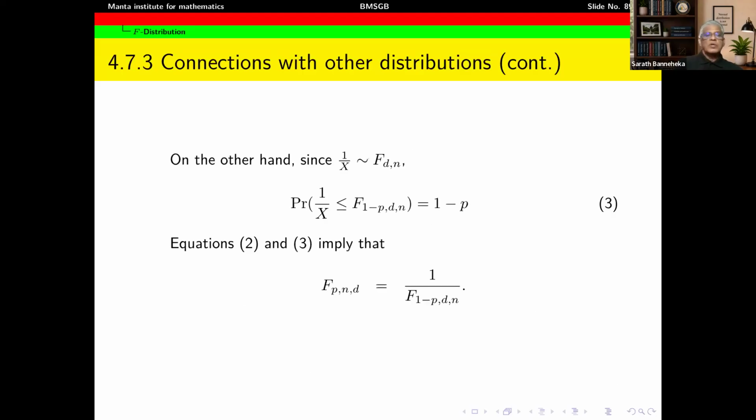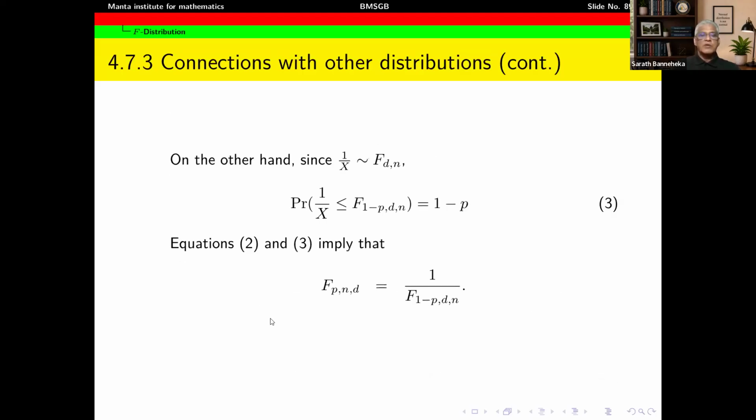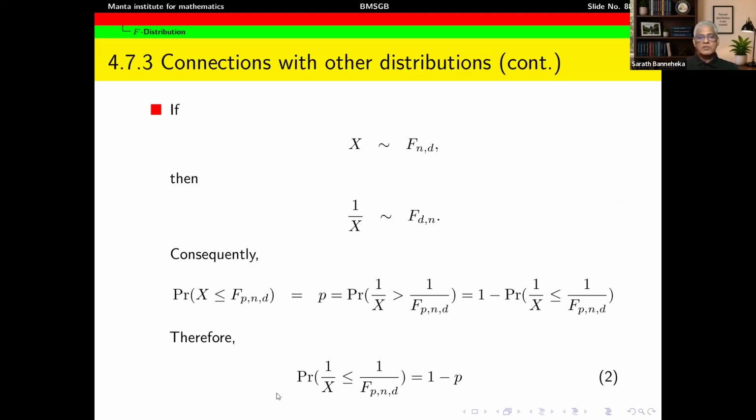So therefore, the probability 1 over X less than or equal to F 1 minus P D N is equal to 1 minus P. Right. So these both expressions are giving 1 minus P on the right side.